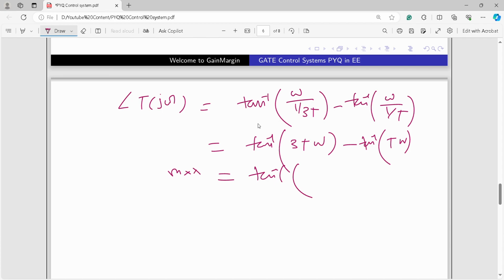So the 3t omega value is under root 3t square. Similarly for tan inverse t into omega, we can take t outside, also 3, like that.